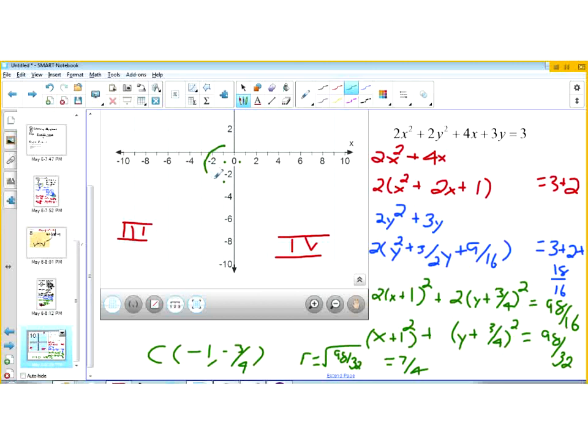Those 4 points would define our circle, and then we can just connect it as best we can. All right, so there's our circle drawn. We'll talk more about this as the class goes on.